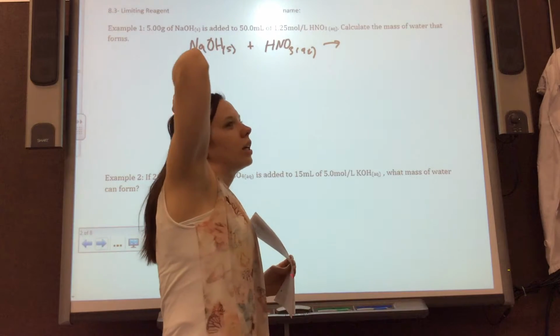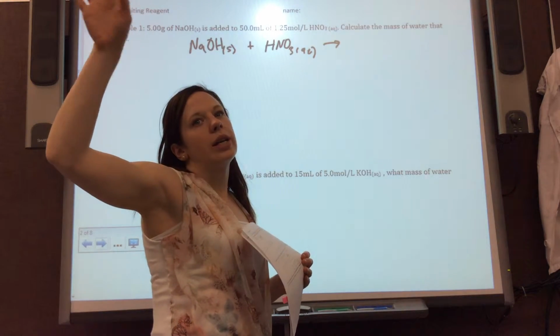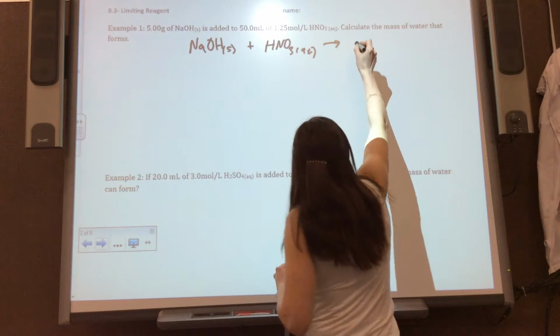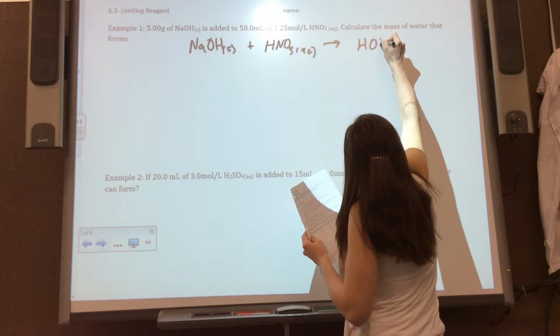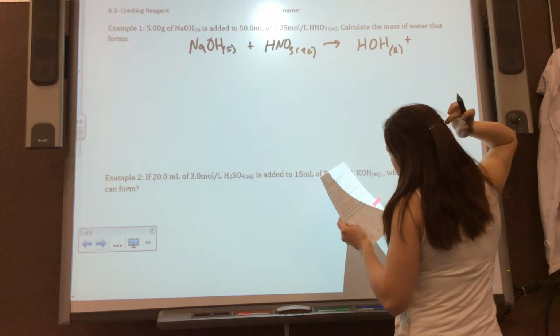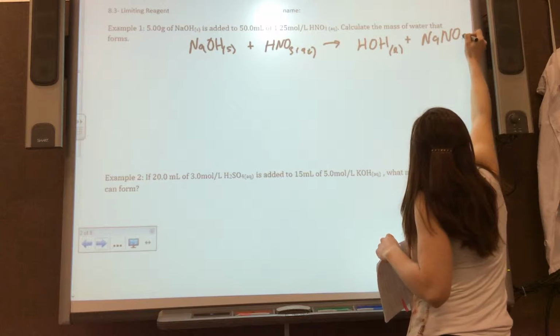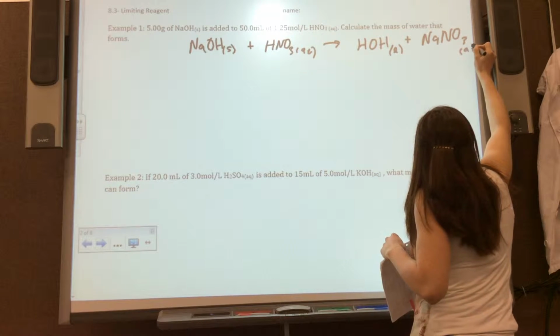Now, since it's a neutralization formula, I'm going to write my water as HOH to make the balancing simpler. So HOH liquid plus my salt, which is sodium nitrate, and that would be aqueous.